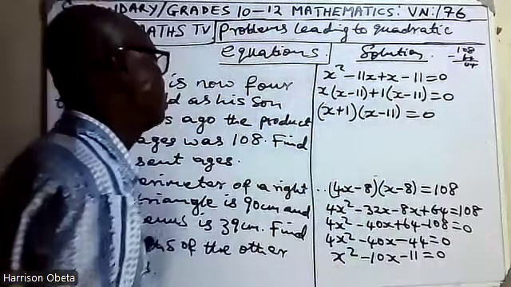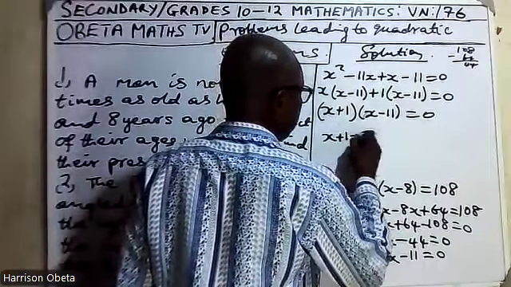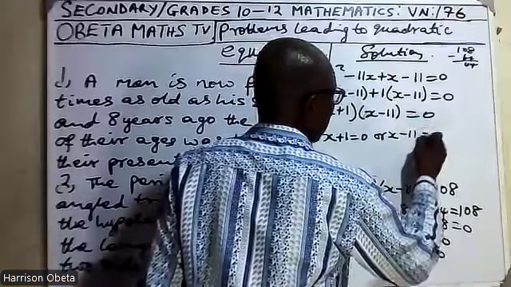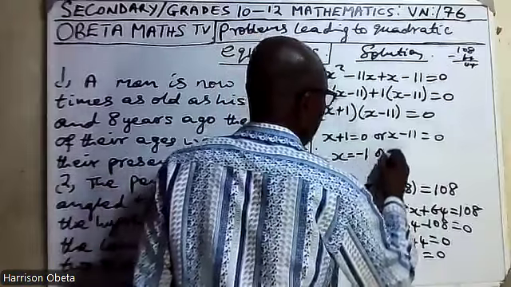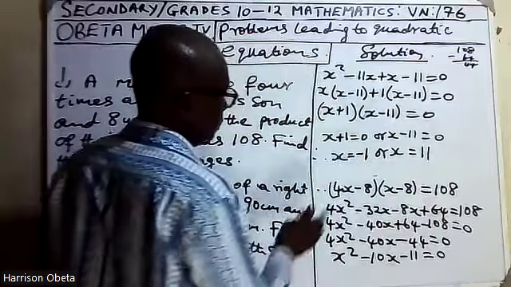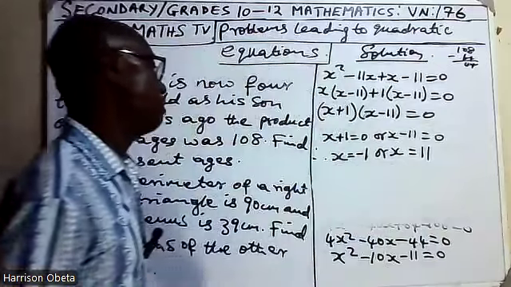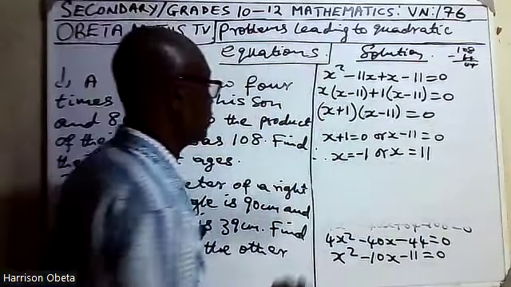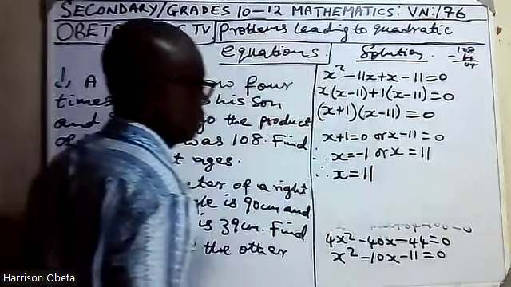So x plus 1 is 0, or x minus 11 equal to 0. Therefore, x is either minus 1 or x is equal to 11. In that case, we are not going to accept negative because we are talking of age. So it means that x is equal to 11.